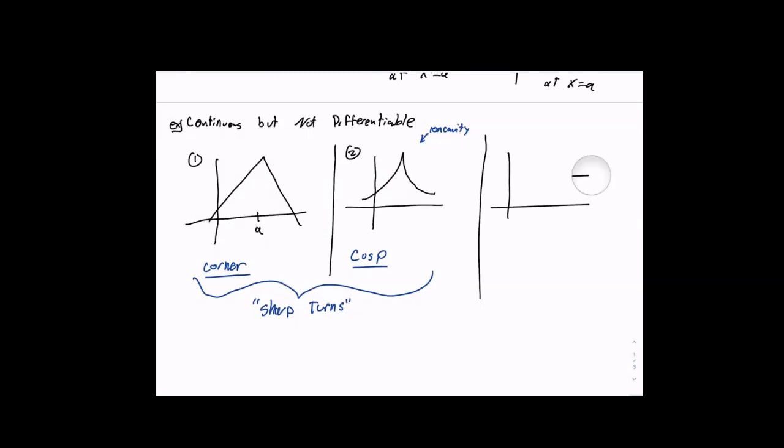And finally, the last one, which is the one that probably mixes students up and they might not really believe or understand it, is something that looks like this. What is this one called? What happens here at x equals a? We need to exaggerate it a little bit more.